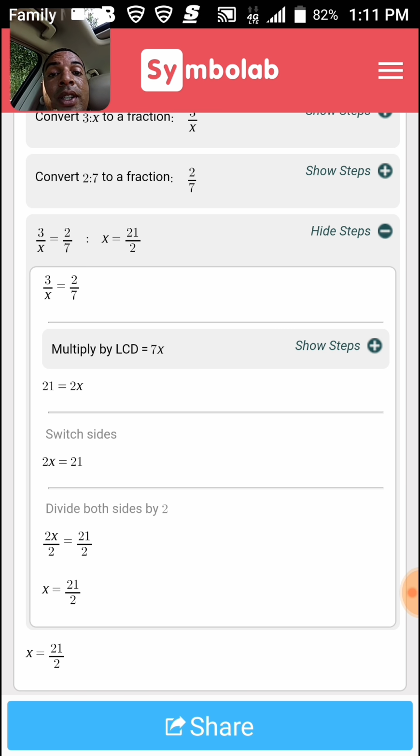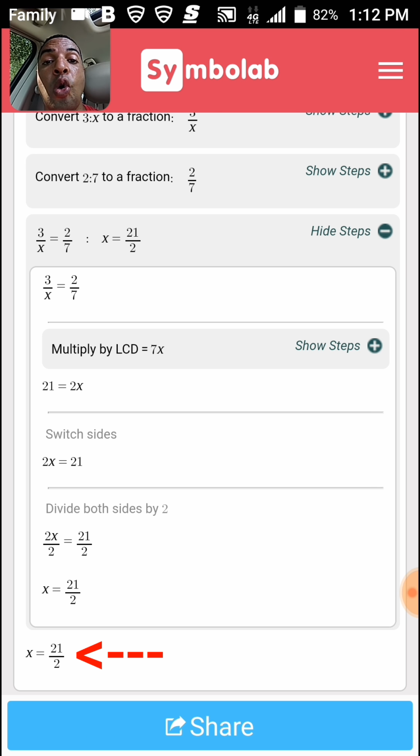The same thing we just did is also called cross multiplication. If we multiply 3 times 7, we get 21. If we multiply 2 times x, we get 2x. To isolate the x, we divide by 2, and that's the same answer, 21 over 2.